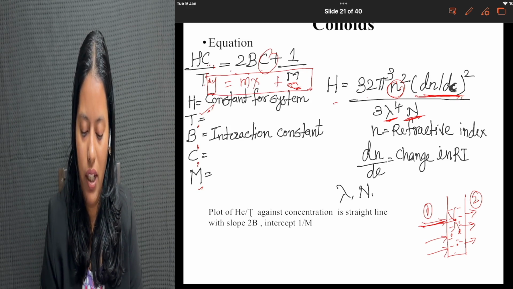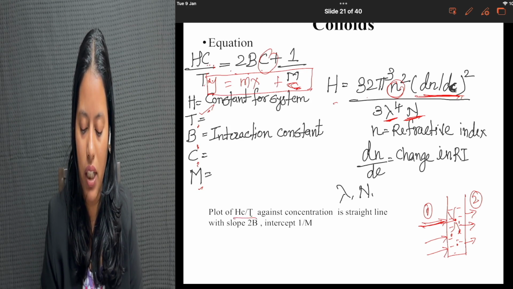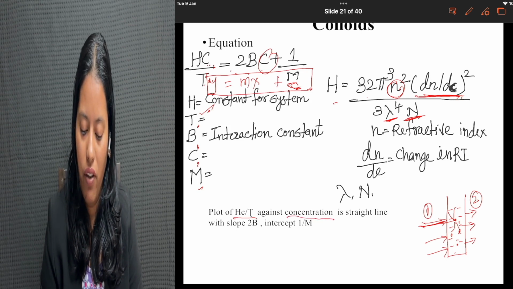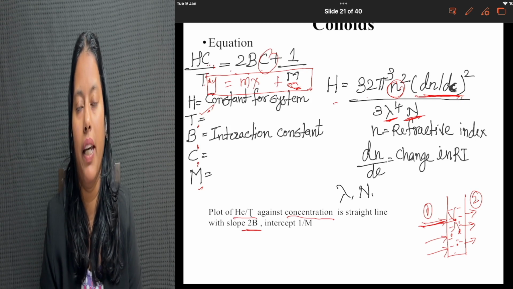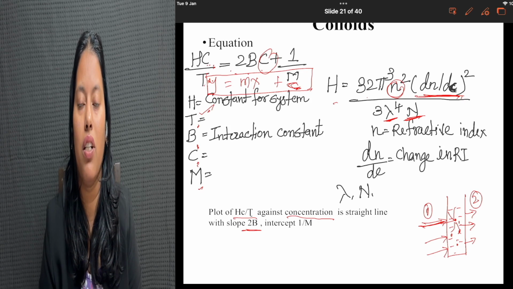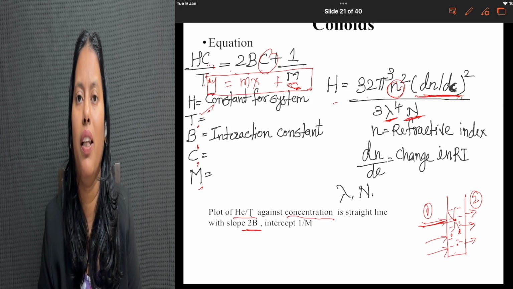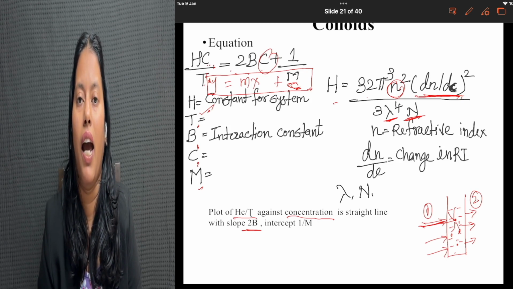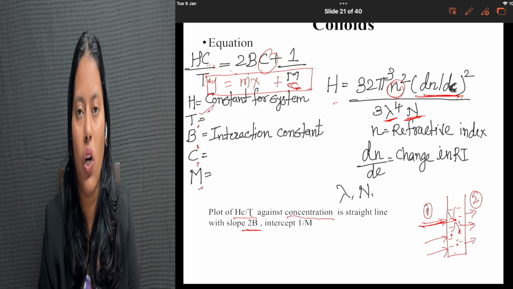So when you plot the graph of Hc/T against the concentration, you get a straight line with slope 2B and intercept 1/M. When you invert this intercept, you get the molecular weight. So you can determine the molecular weight of your colloidal system, and you can also determine whether the particle size is big or small.